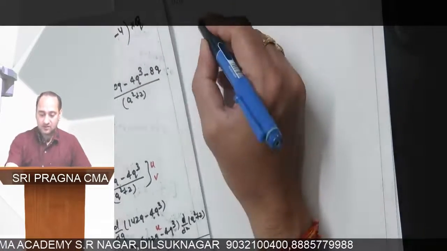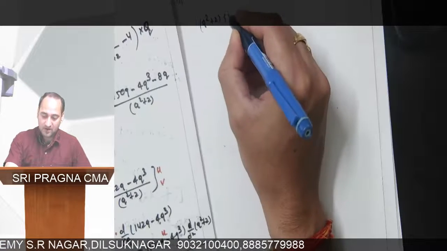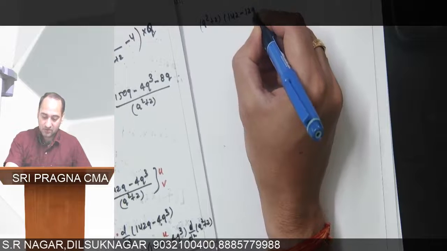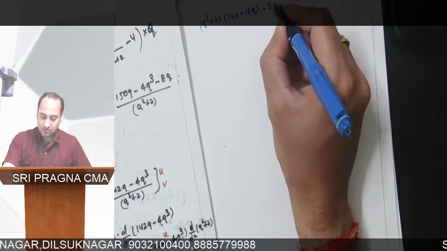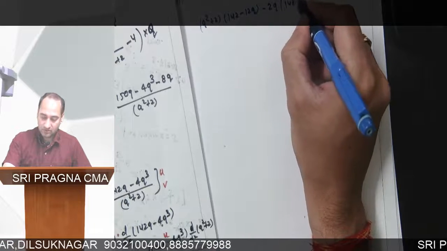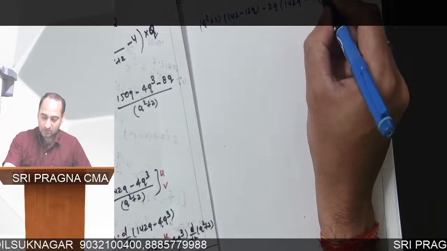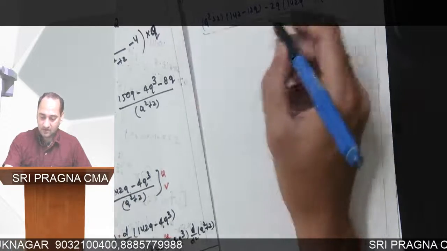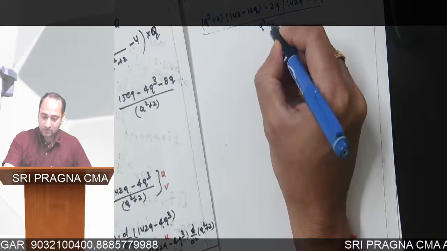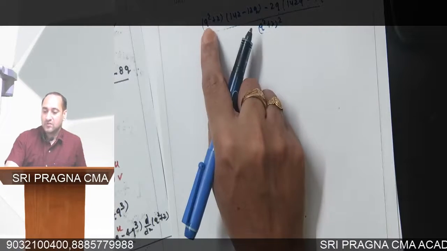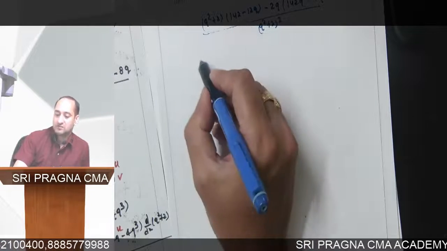So I am copying that part: (14 minus 12q) minus 2q (14q cube minus 4 cube), divided by (q square plus 2) whole square. Let us solve. Multiply first with the q square, this part.